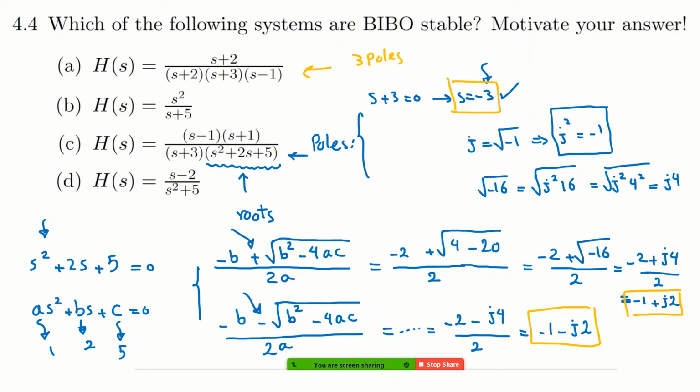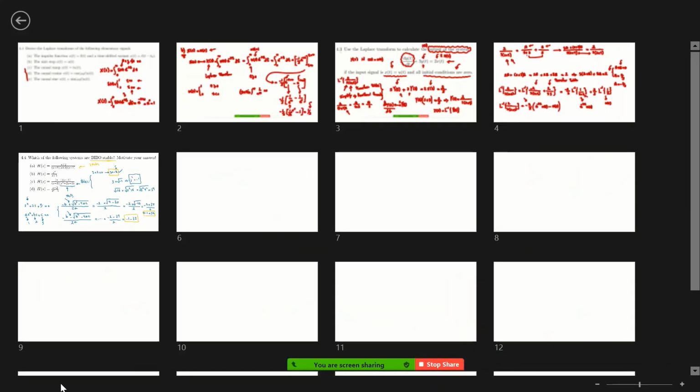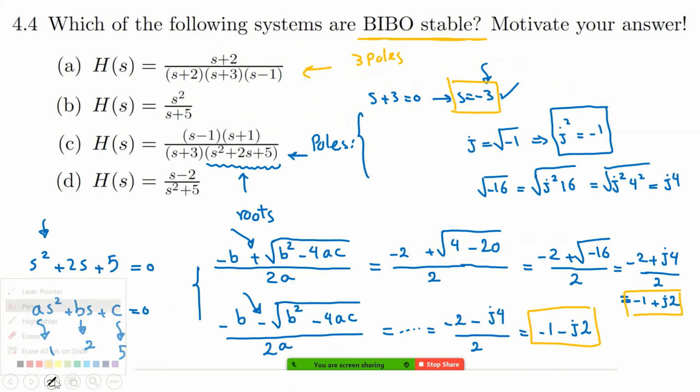And we're going to see if this system is BIBO stable or not. If you check the poles, you see that the real parts of all poles are negative, and that means the system is BIBO stable. Let me write it down here.